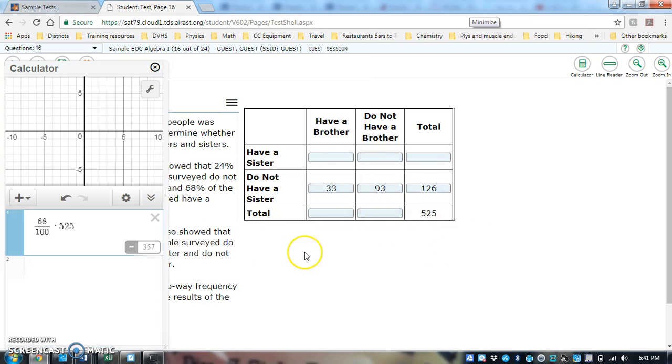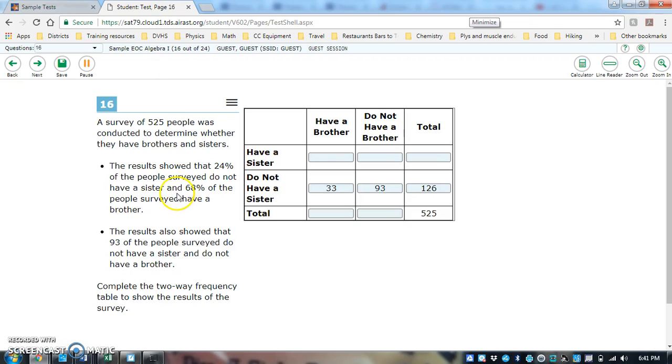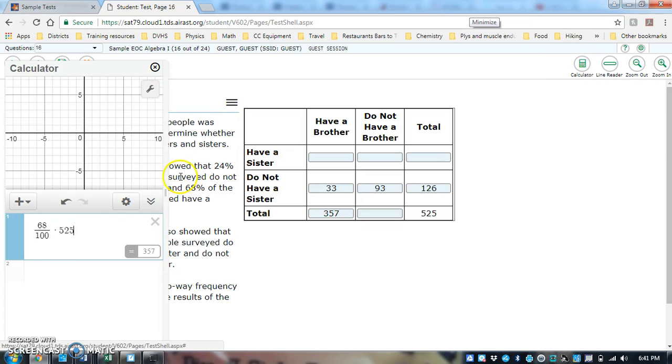I'm just going to move this over here so I don't have to keep opening and closing. 357 have a brother. That would go here. All right. Now to finish this up, I need to find out how many do not have a brother. So 525 minus 357.